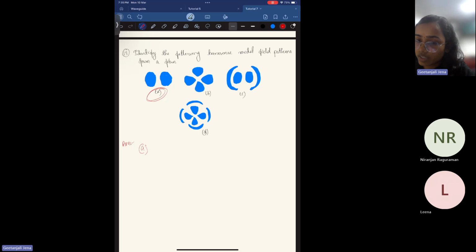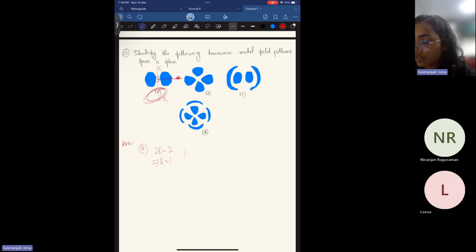L equal to 1 and M equal to 1. Yes, it is correct. So for this, in the phi direction, we have two zeros. One is here, one is here. So 2L is 2, that means L is 1. And in the phi direction, we are not considering the zero point, it is the region where the field is not there.